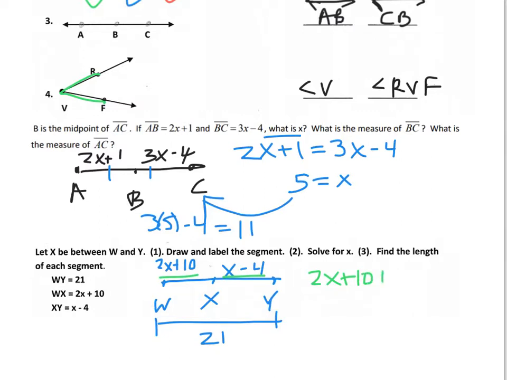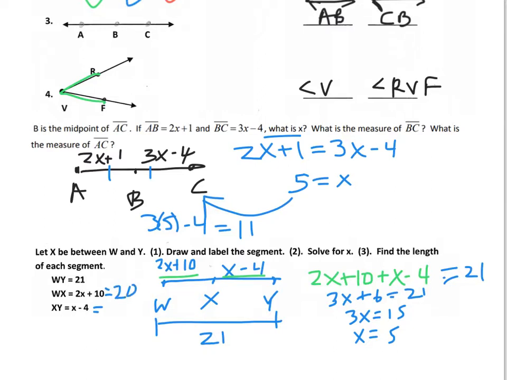So 2x plus 10 plus x minus 4 gives me a whole of 21. So 3x plus 6 equals 21, 3x equals 15, x equals 5, and it says find the length of each segment. Of course it does, so I'm just going to come over here, and 2 times 5 is 10 plus 10 is 20, and 5 minus 4 is 1.